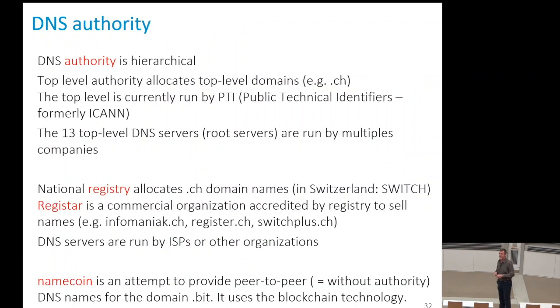Excuse me? Yes? A question about the root domains. It seems like every DNS query which wasn't found in cache goes to the root domain first. No, it goes to the root domain if you have no other information.